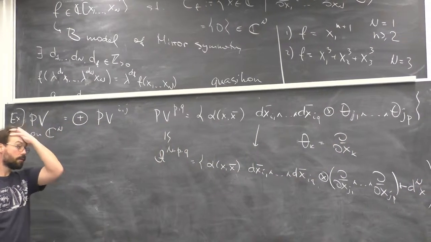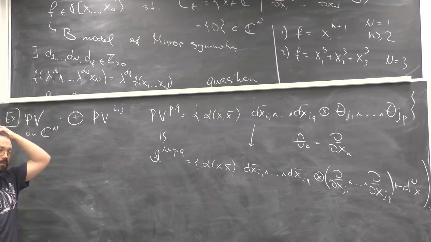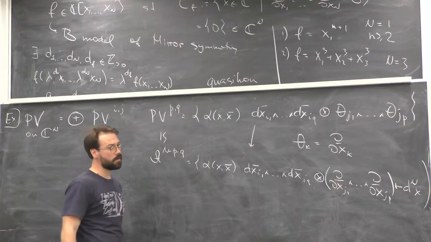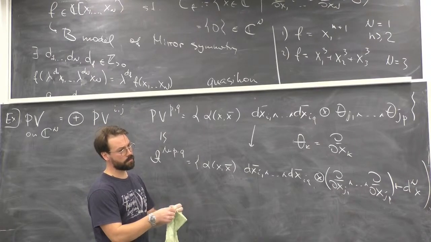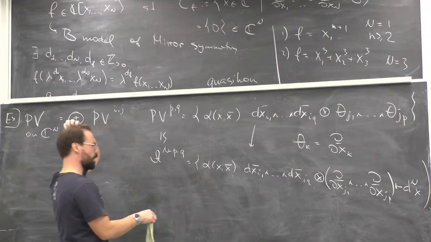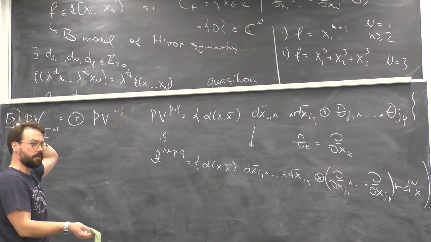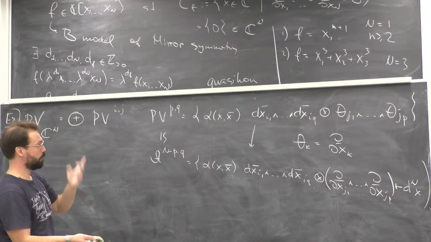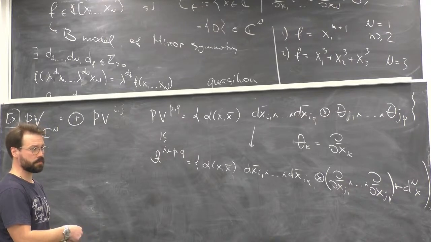And this is a quasi-isomorphic sheaf of holomorphic vector fields. Well, that's a tensor product of the sheaf of holomorphic vector fields by the anti-holomorphic forms.